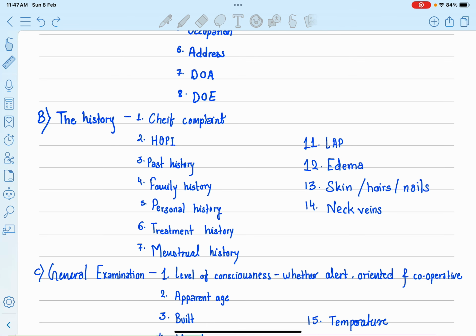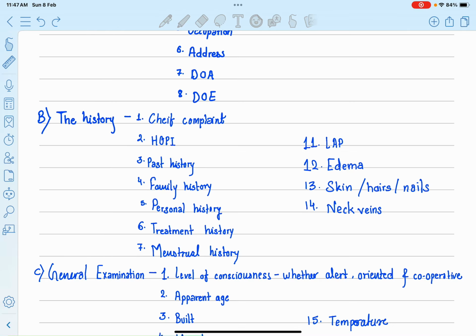You should ask the mode of onset, like acute, subacute, insidious. Then you should ask the progression of the disease, whether the disease is progressive or static. Or you should ask the duration of that disease. So duration means since how long that disease is present. Then you should ask the aggravating factor, and also the relieving factor. So you should explain each chief complaint according to these 5 points in HOPI.